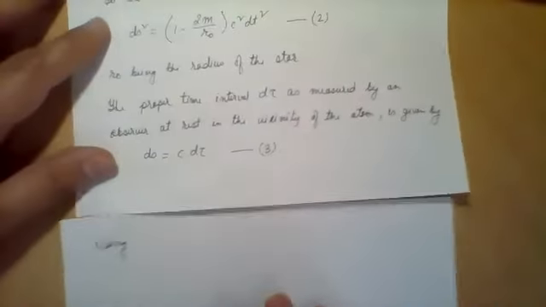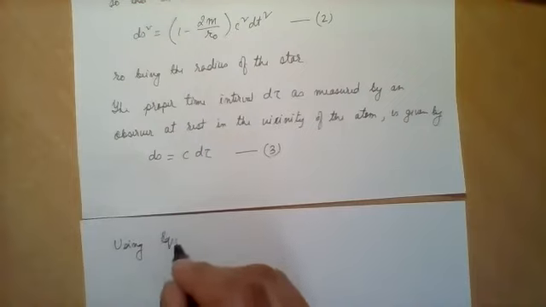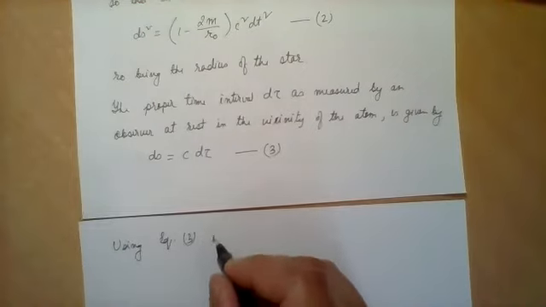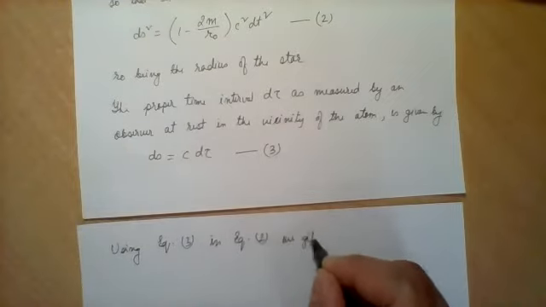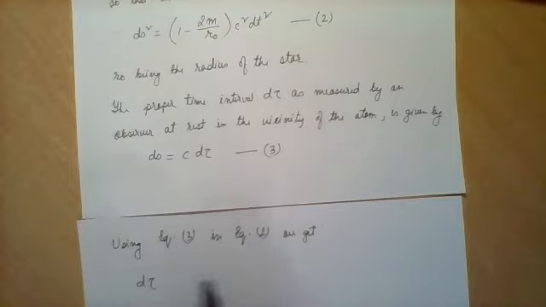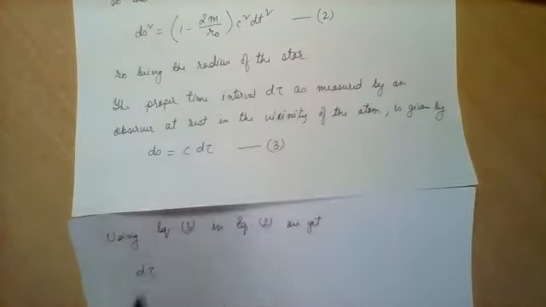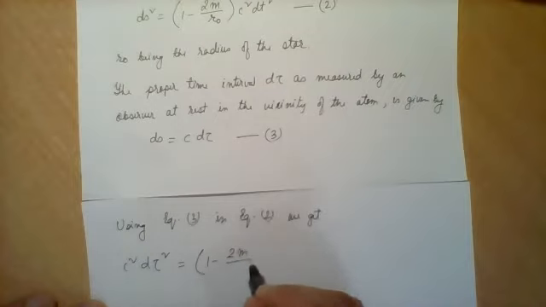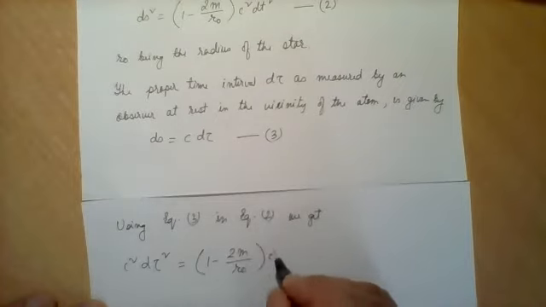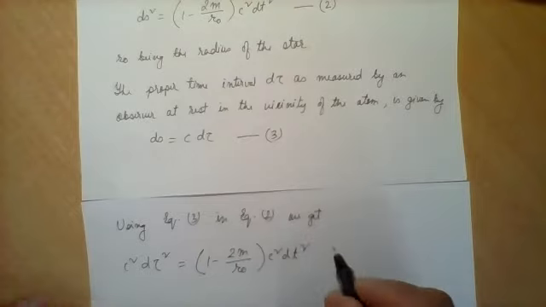So using equation 3 in equation 2, we get c square d tau square. This is equal to (1 minus twice m by r0) c square dt square. Okay.